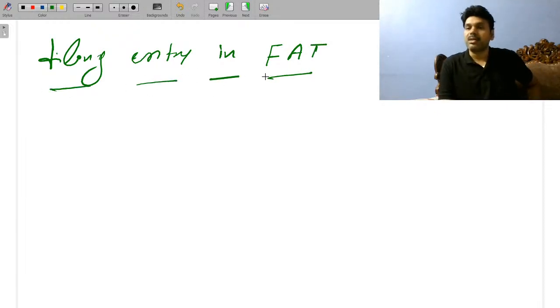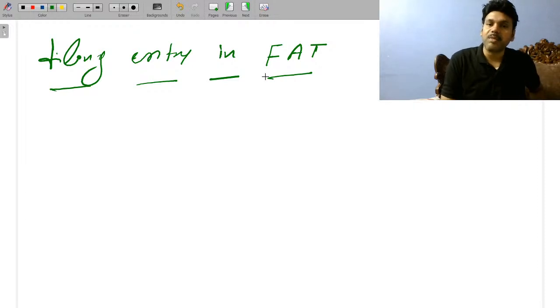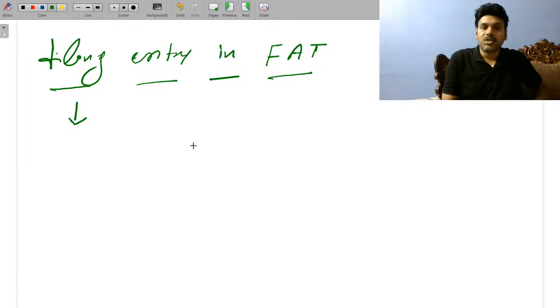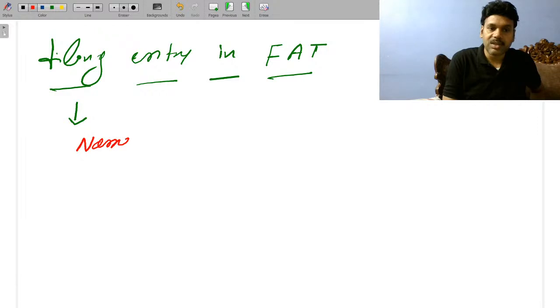Whenever you start recording or searching a file, immediately it creates an entry in the file allocation table. FAT stands for file allocation table. It maintains the record information of all your particular blocks. So I am accessing a file X. First it will ask you the name of the file. So the name of the file is X.